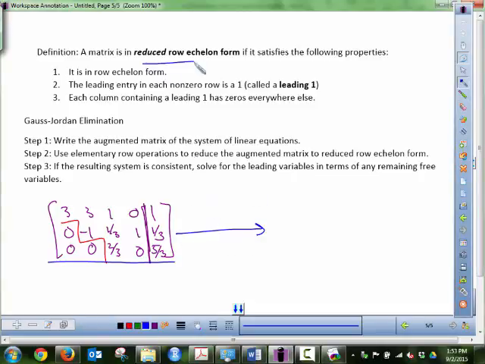So to get it to reduced row echelon form, the first row, I think I want to multiply that by a third, the whole thing, right? So I'm going to take 1/3 times the first row, and then I'm going to replace that first row by whatever I get. So that's the second type of elementary row operation.